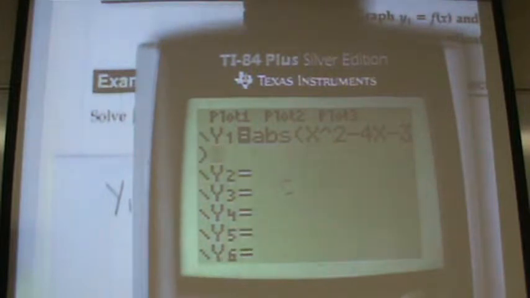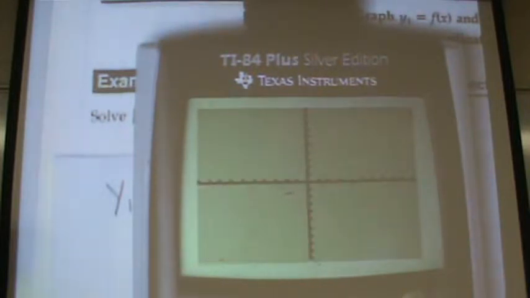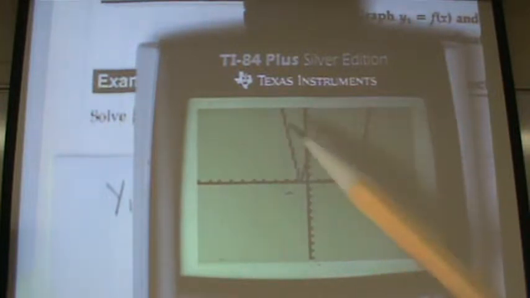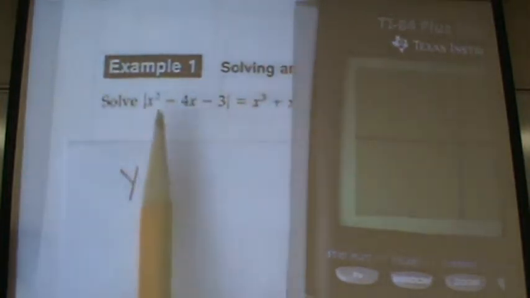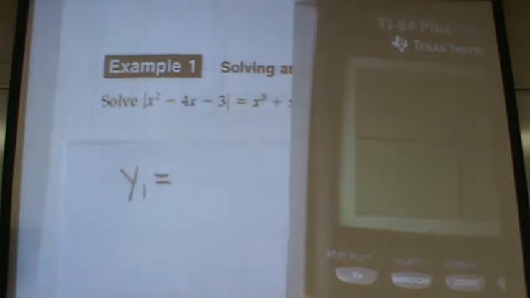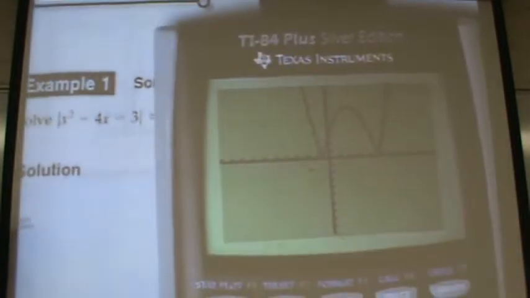Okay, now, when you hit graph, that corner button down there, these are all of the ordered pairs that satisfy this relationship right here. That's what that graph is.